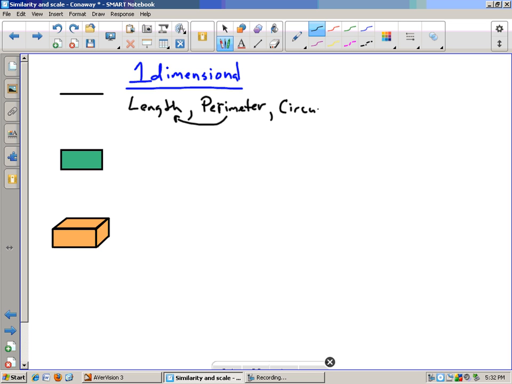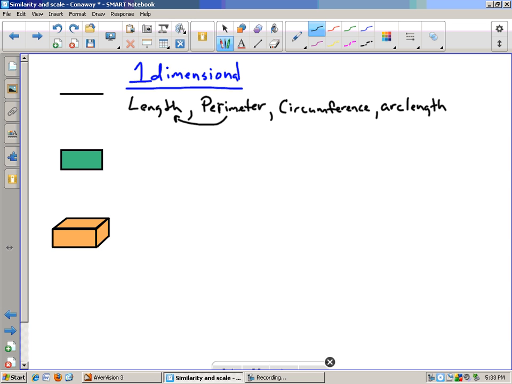Circumference. Once again, very similar to perimeter, it's the length around the outside of the circle. Arc length. Even says length in its name. So all of these things are one-dimensional measures. They're measures along a straight line or a curve in one dimension.